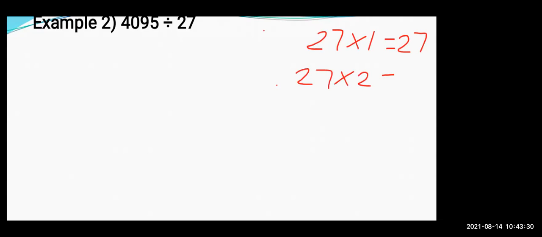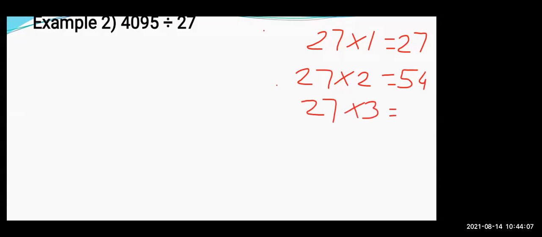Now once again 27 twos. I want answers from your side. 27 twos is what? Yes, 27 twos is 54. Okay. Now 27 threes.